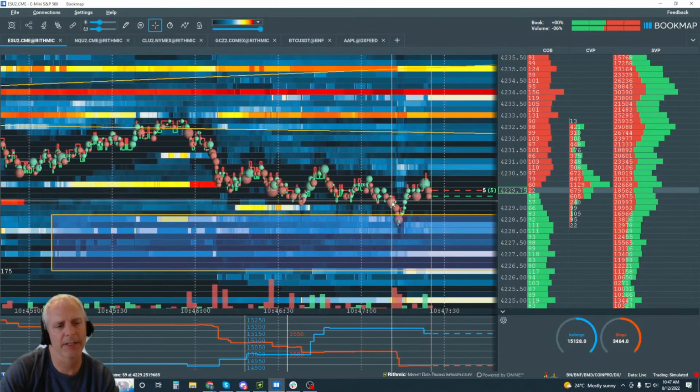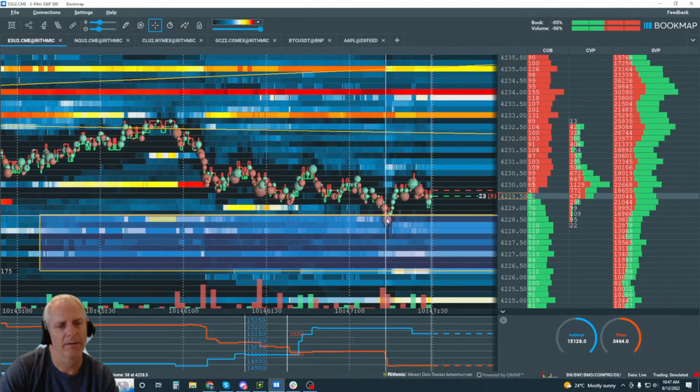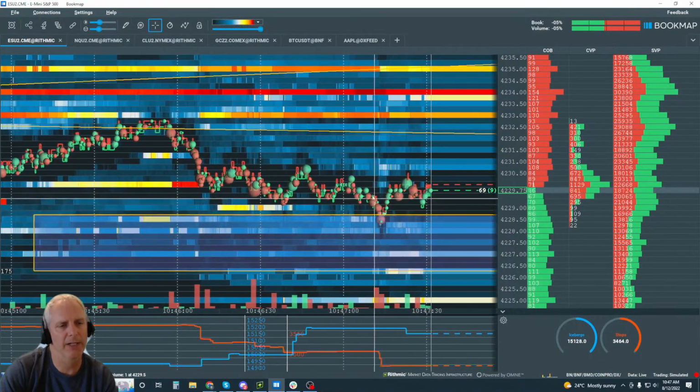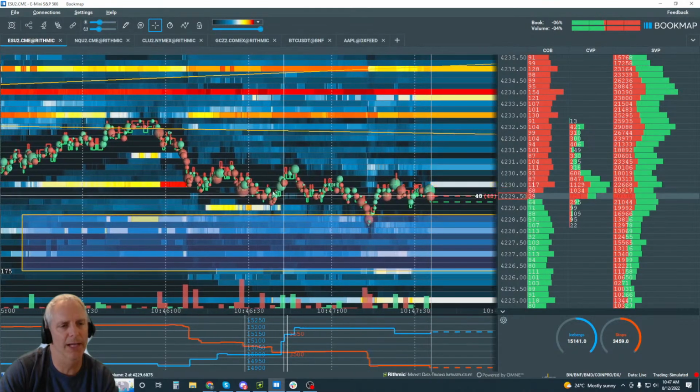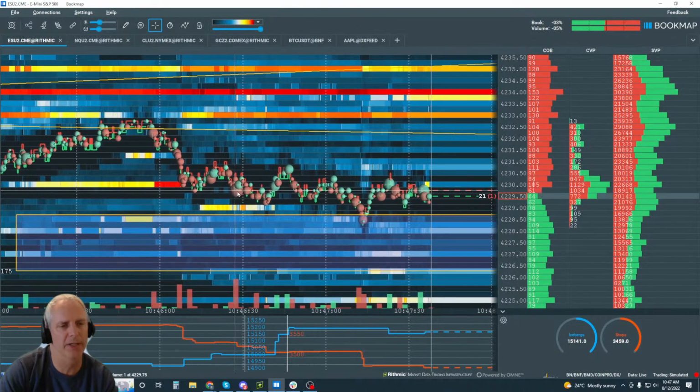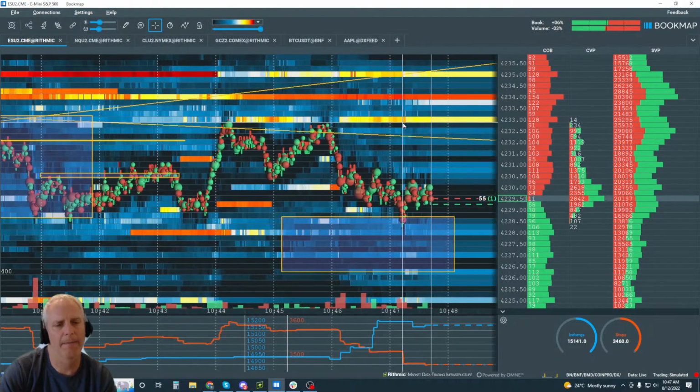Yeah, and it's just, in relationship to the other volume in here, it's a little bit less than this is. We want to see really sellers move it away. Not quite getting it yet.